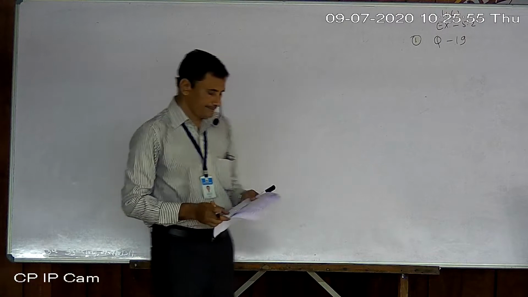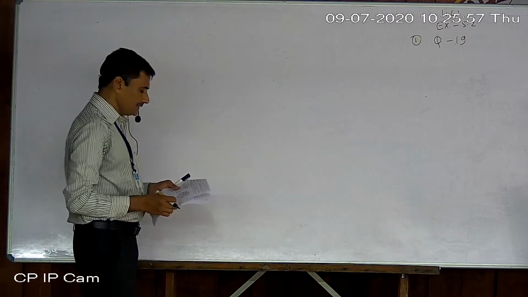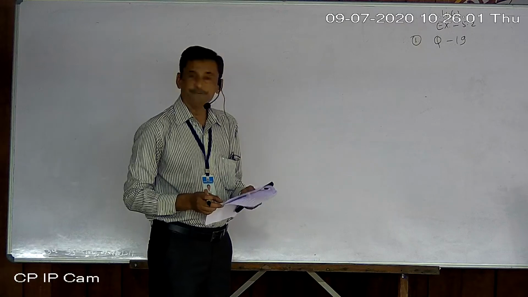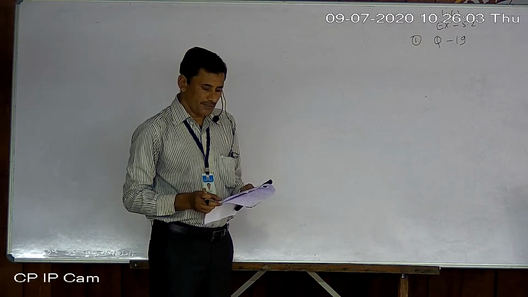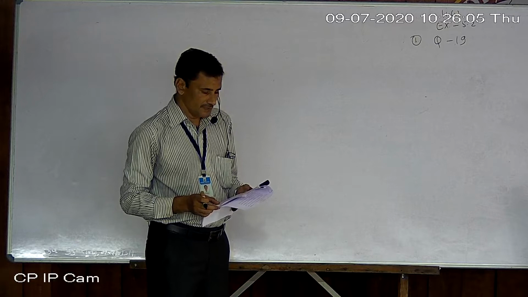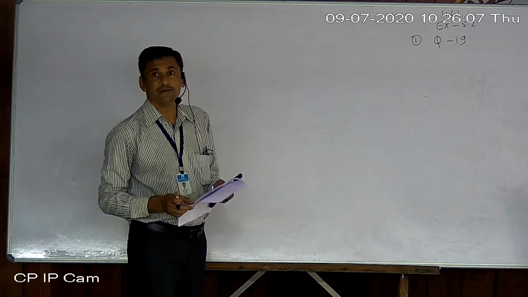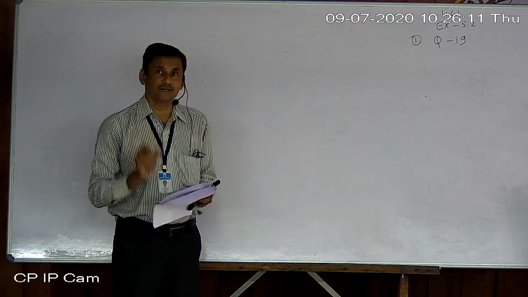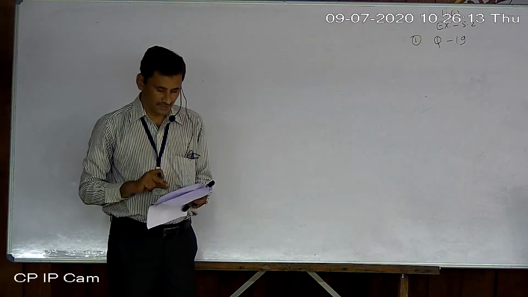Now next, Ramkali saved ₹5 in the first week of the year. Then she increased her weekly savings by ₹1.75. So you understand that the increment or increase is nothing but a D, just like the previous one.